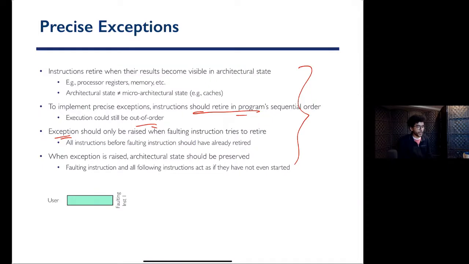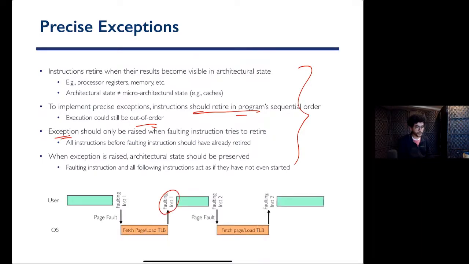In essence, I'm going to go through the instructions in program order. If one of them raises an exception and it's its turn, then I'm going to have the handler in the operating system take care of that exception, and then I'm going to start running that faulty instruction again, and this is going to continue.